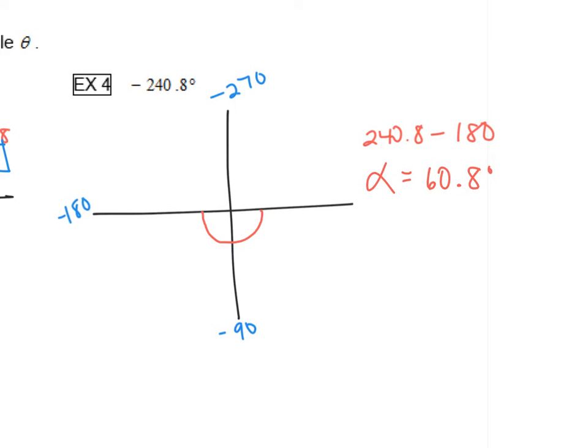And that is the reference angle, but I want to show you how we can use that to draw our angle. So from our x-axis, if I go in 60 degrees, so that's just about 2/3 of the way, that's where this angle is going to be. Now the reference angle goes from the terminal side to the x-axis, so this is our reference angle. That's alpha, and that is 60 degrees.